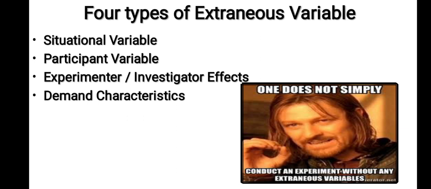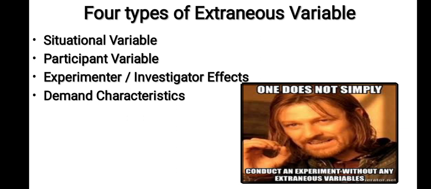For example, the anxiety level, the concentration level, the intelligence level, all that will not be the same for everyone. If a participant is performing a memory test, and he is very tired, or he has poor eyesight, which could have a direct impact on the performance of the respondent. So they are called participant variables or personal variables.